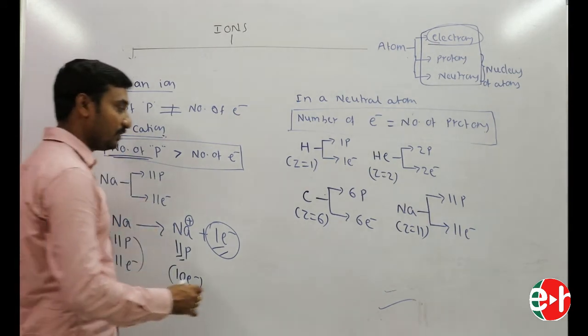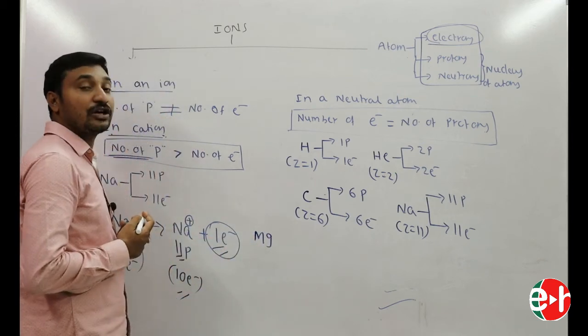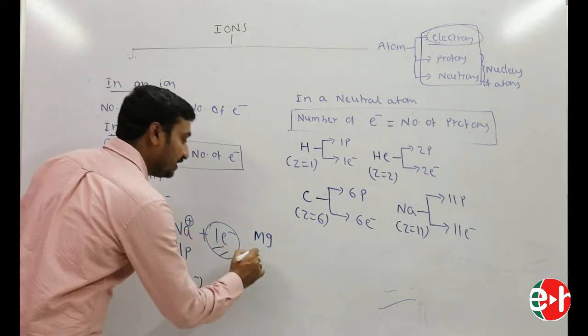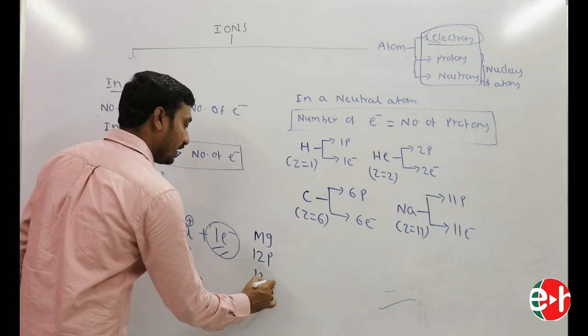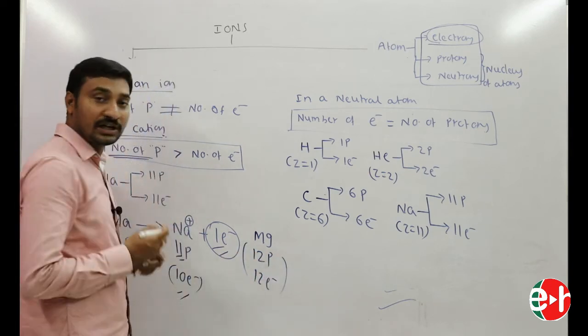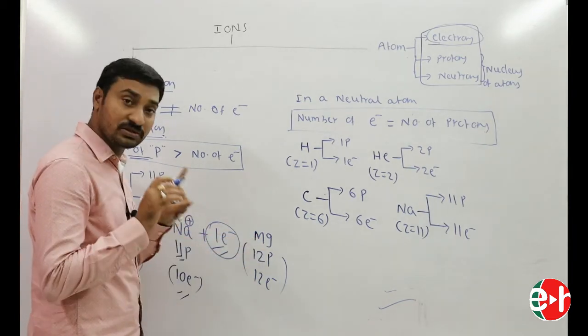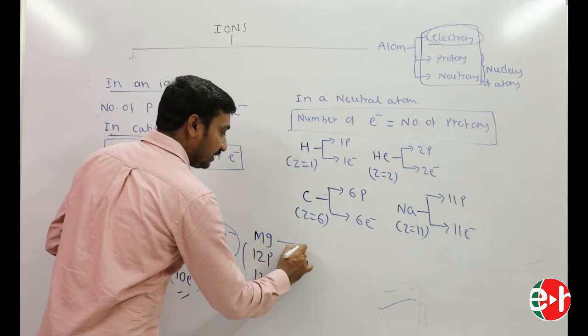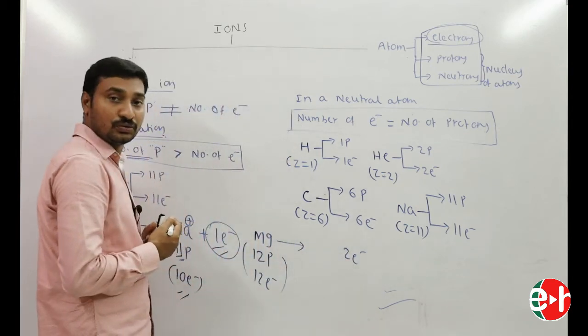One more example, magnesium. Atomic number 12. That means it contains 12 protons and 12 electrons. Neutral atom, 12 protons, 12 electrons. In a neutral atom, protons and electrons are equal. It lost 2 electrons. How many electrons did it lose? 2 electrons.